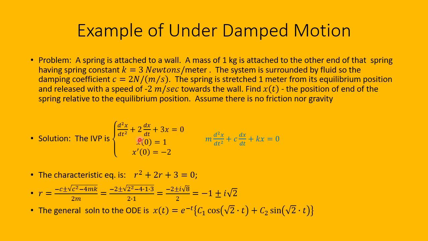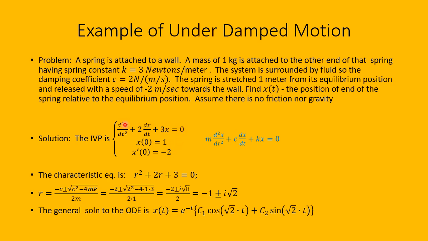The initial position of the end of the spring relative to its equilibrium position is x of 0 equals 1, and the initial velocity, x prime of 0, equals minus 2.